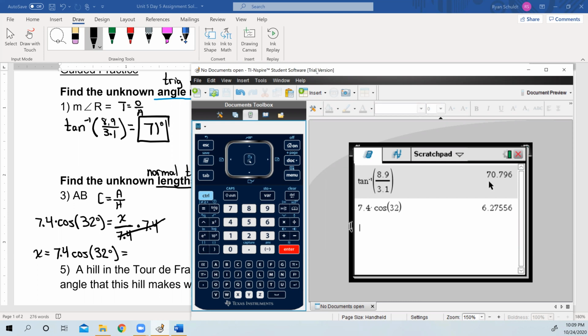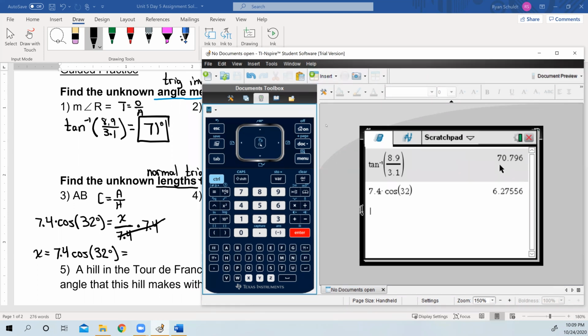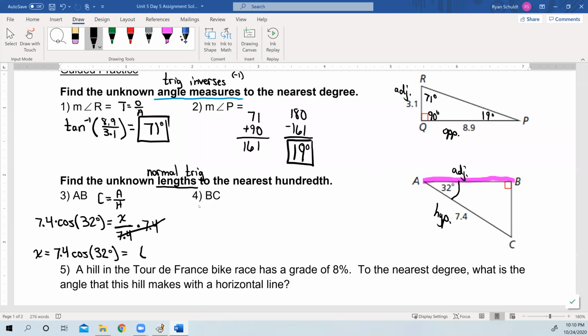The nearest hundredth, so 2 decimal places. It's going to be 6.28. They don't give us units, so we're just going to leave it at that. Okay, so now I know that my side over here is 6.28.